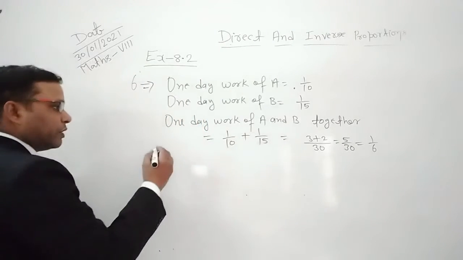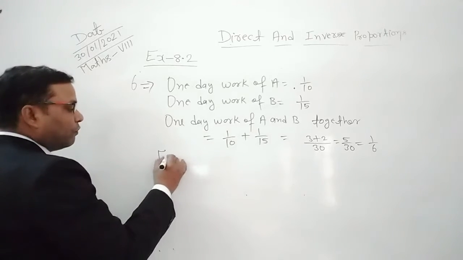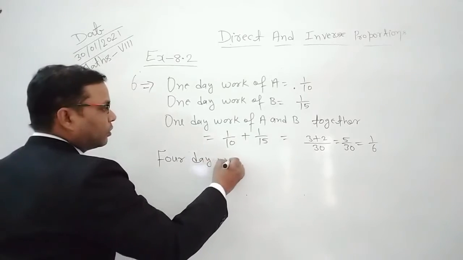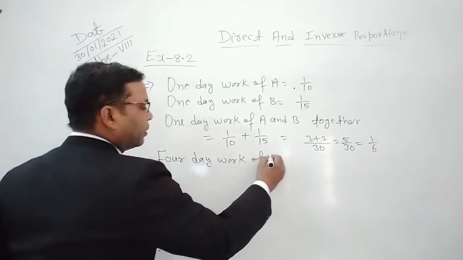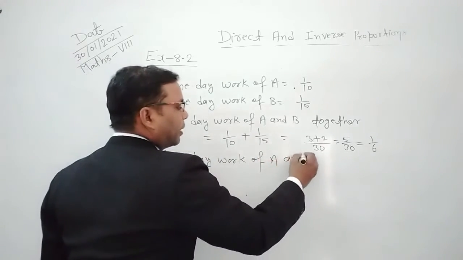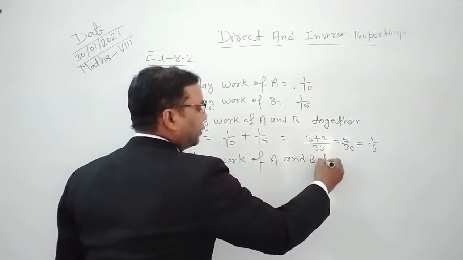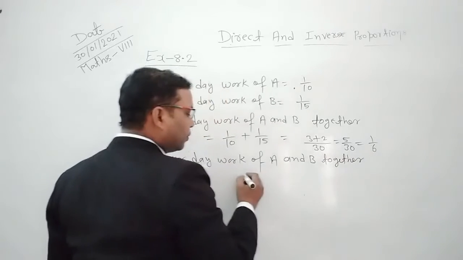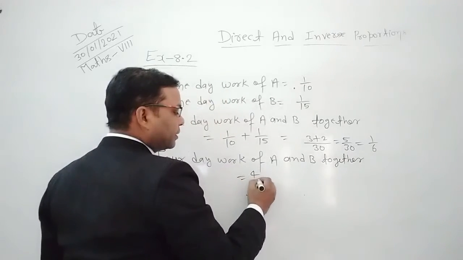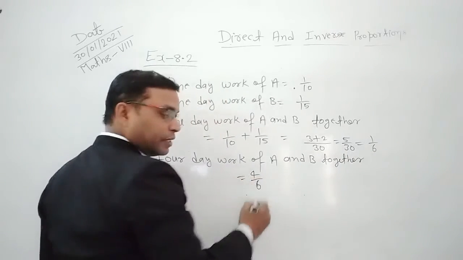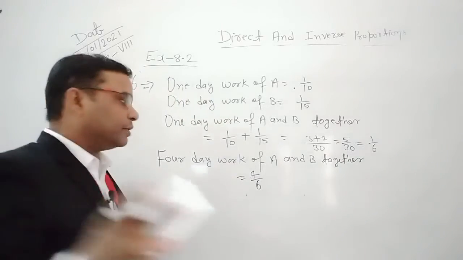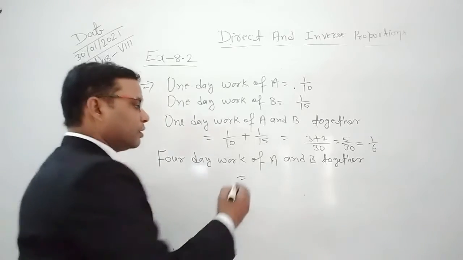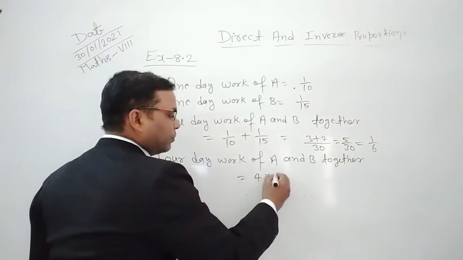Okay, so you write: 4 day work of A and B together is equal to 4 into 1 by 6.